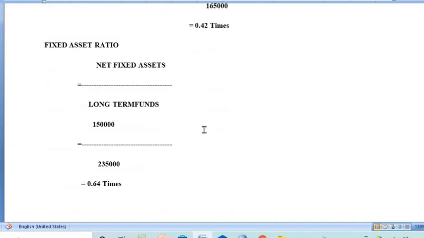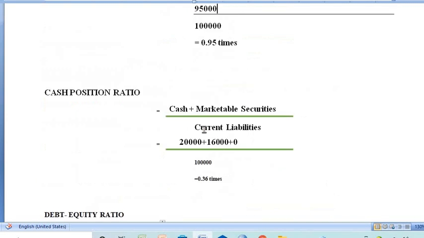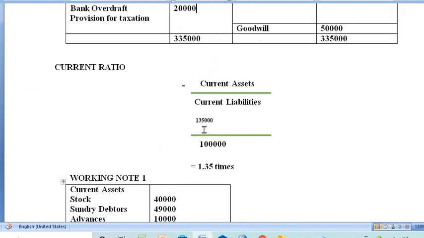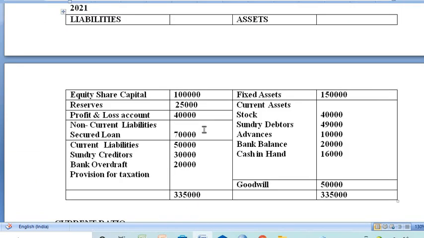Now I am substituting the long term fund, so I want to compute it. Long term fund is internal liability plus long term loan. On the liability side of the balance sheet, internal liability is 1 lakh plus 25,000 plus 40,000; these three we call internal liability.